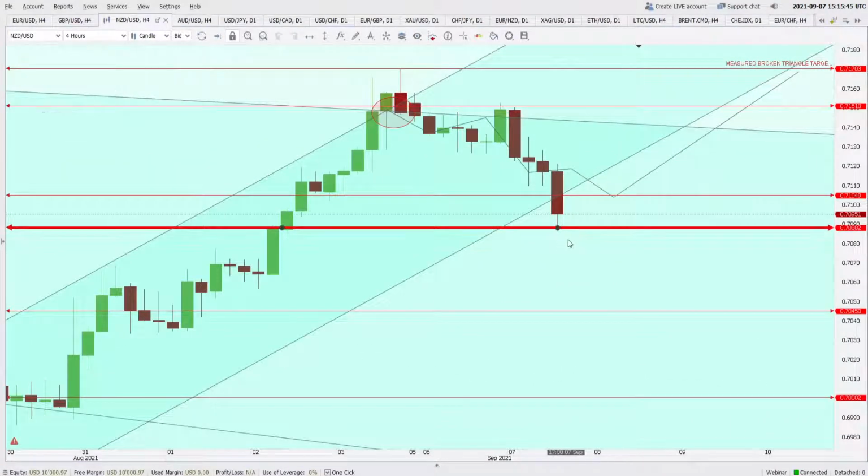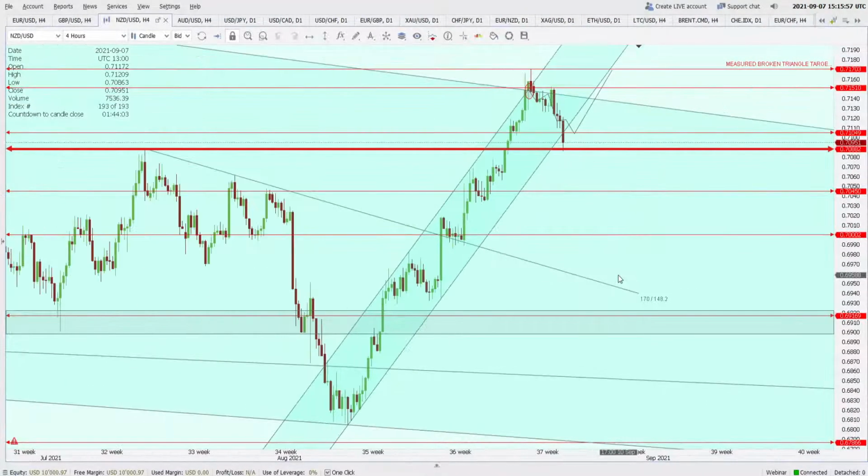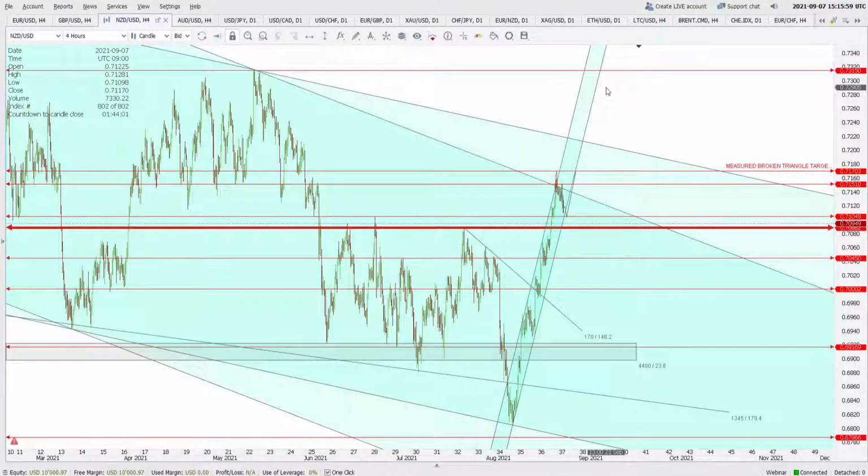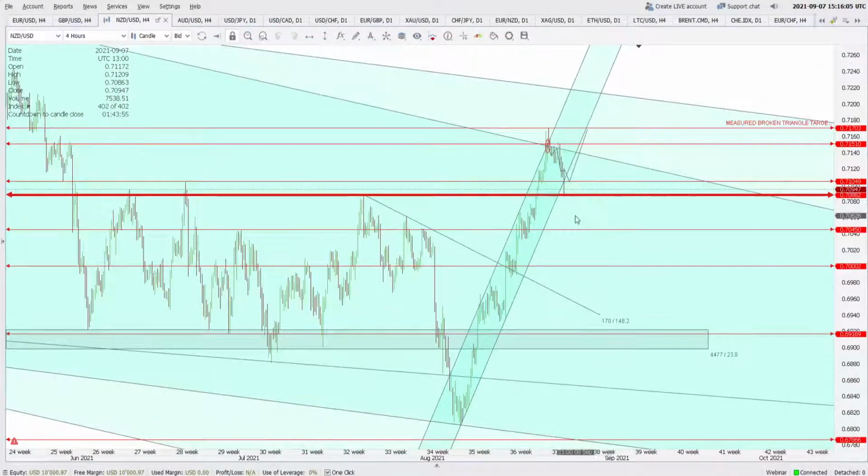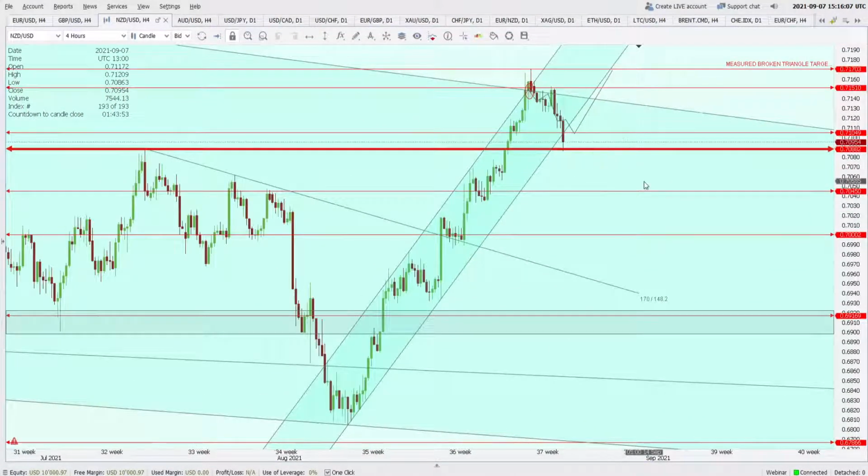Okay, 0.7088 is an area we have highlighted on our chart as a very good area to open a buy position in the direction of 0.7151, and even higher, we are looking to go to the 0.7315 region. So this can be a very beautiful opportunity if the price starts going up from here.